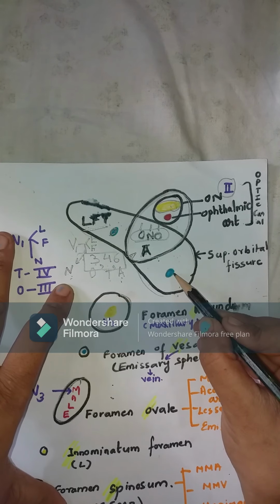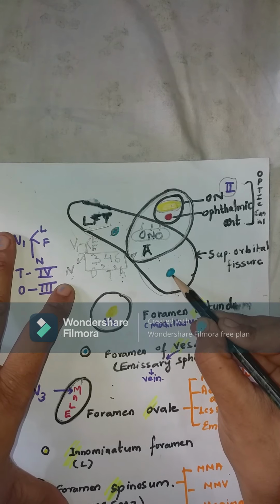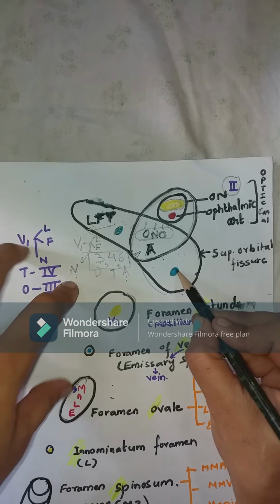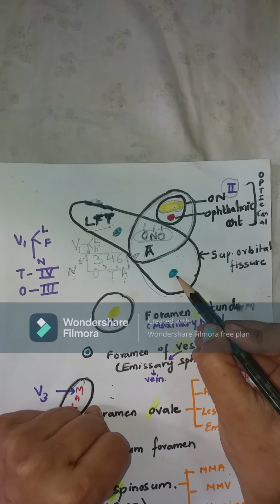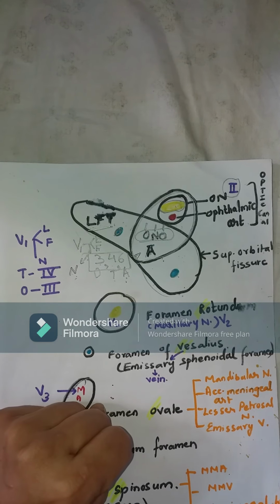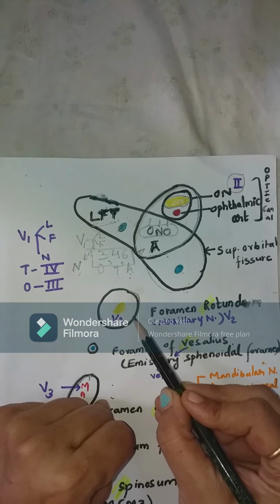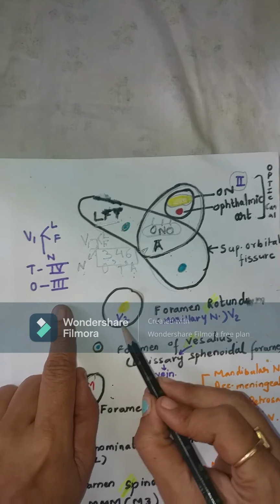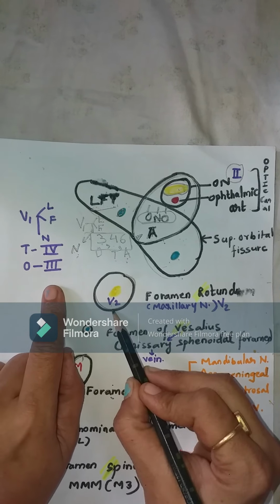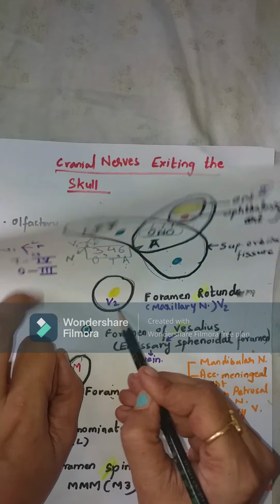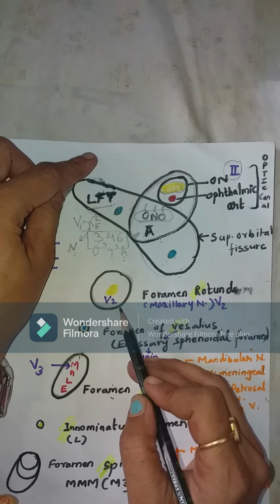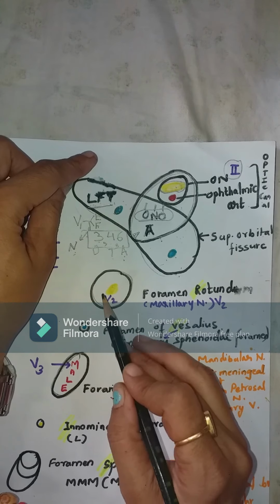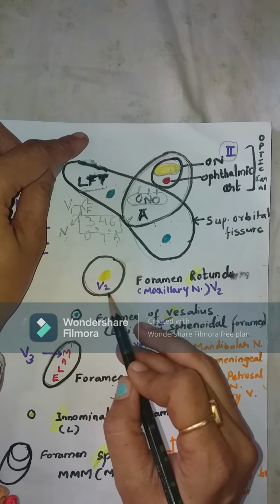And through the medial part of the superior orbital fissure passes another vein. Obviously, if this is the superior ophthalmic vein, this is the inferior ophthalmic vein. Coming to the foramen just behind the medial part of the superior orbital fissure, a blind foramen, which will not open to the external aspect of the skull, but it will open into the pterygopalatine fossa.